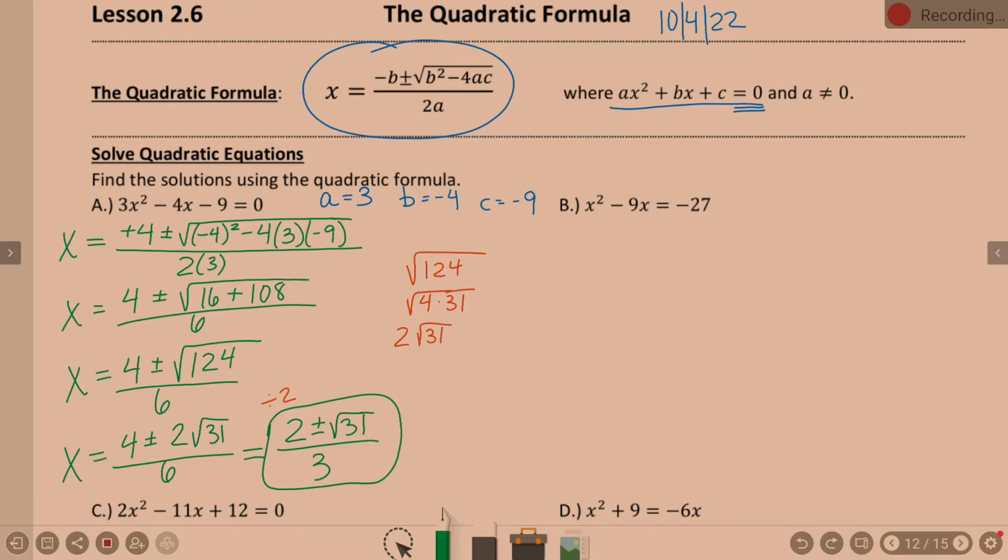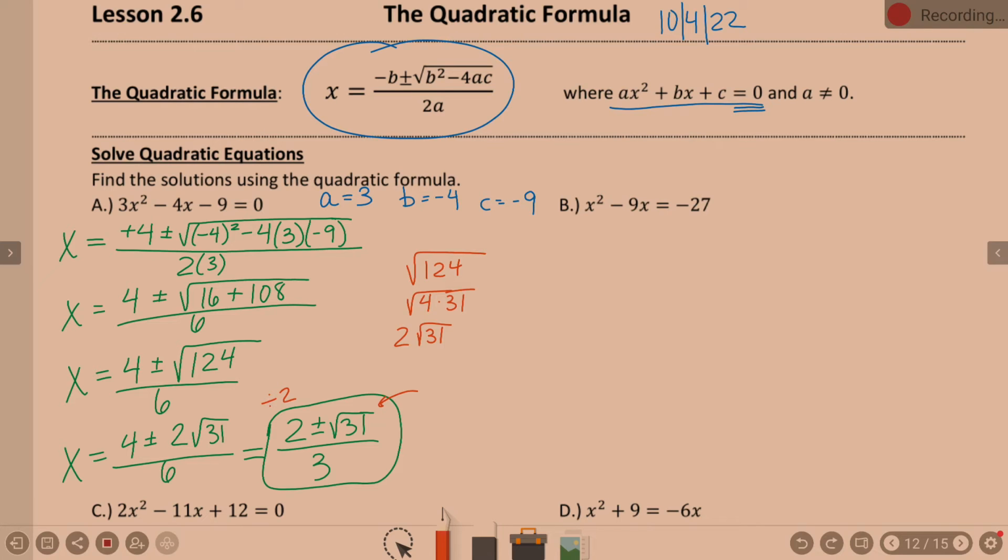But what I need to point out to you, and this is prep work for later on, is that because there is a square root right there, if you have a square root of a number, do you remember that is something called irrational? Rational is something that can be expressed as a fraction. Irrational cannot be expressed as a fraction.